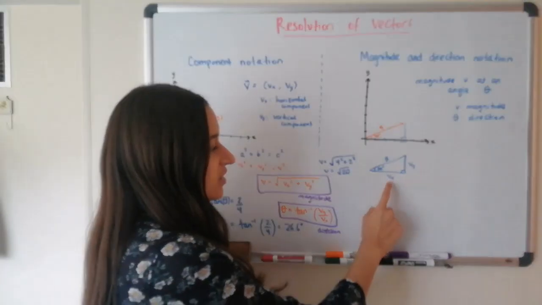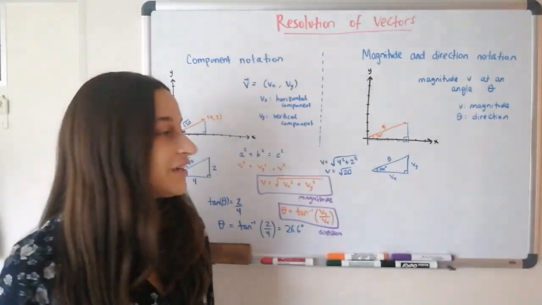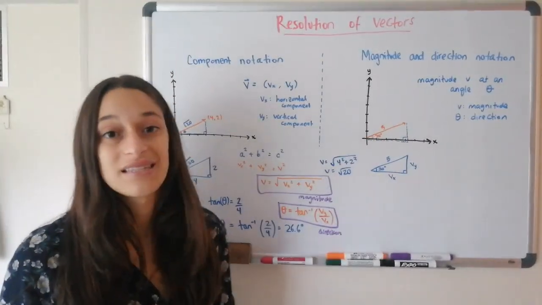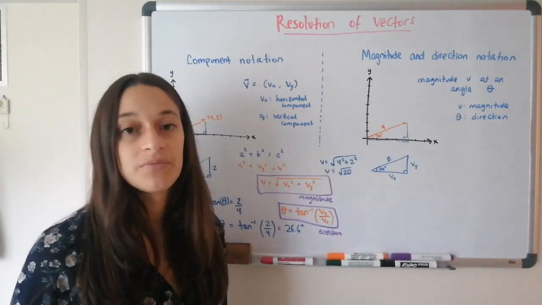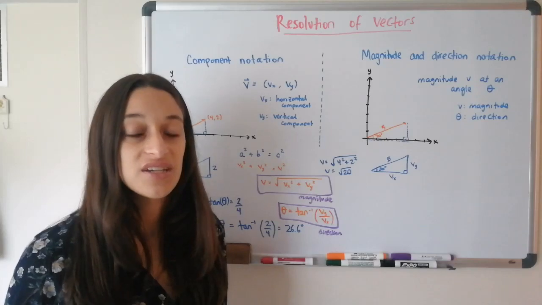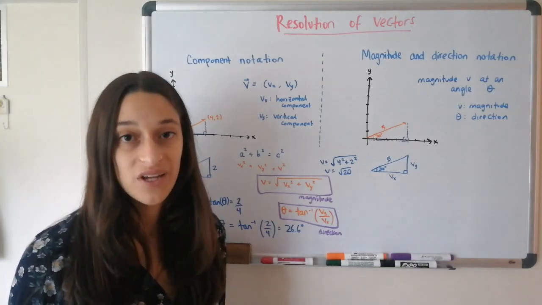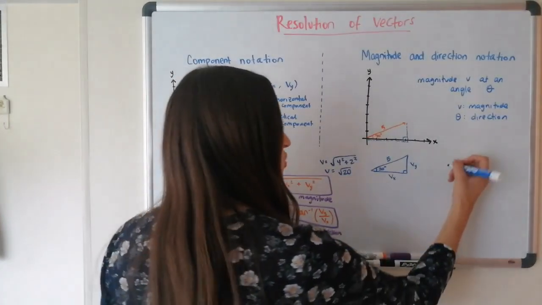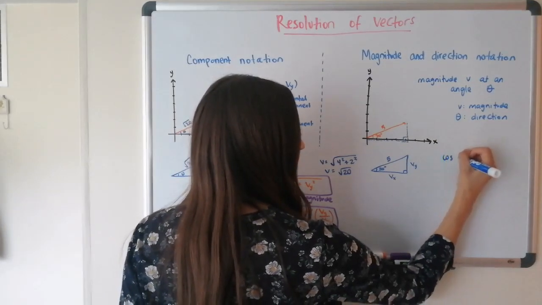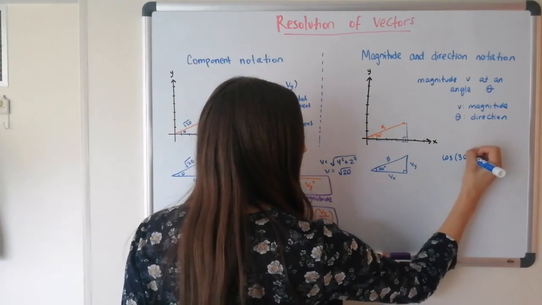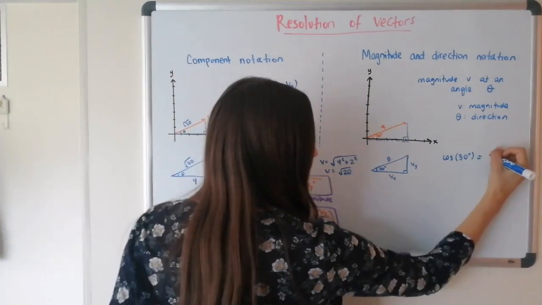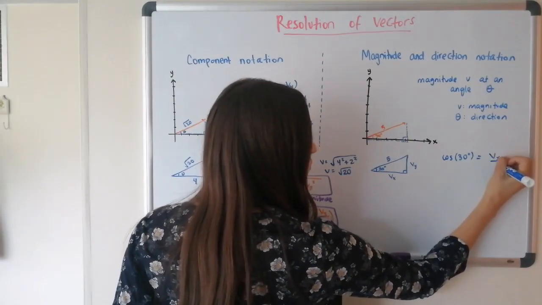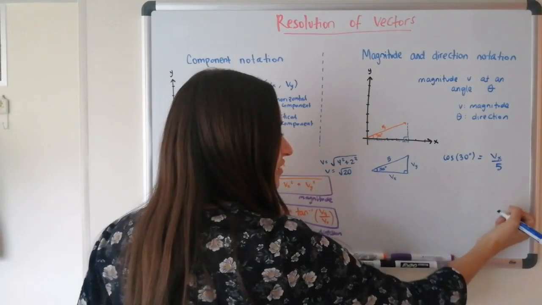So let's say first we wanted to calculate Vx. Vx is the adjacent side to the angle 30, and we have the hypotenuse. So which of the three trigonometric functions uses adjacent and hypotenuse? That's cosine. Cosine uses both. So we can write the equation cosine of the angle 30, now we do know the angle, is equal to adjacent Vx over the hypotenuse, which in this case is 5.